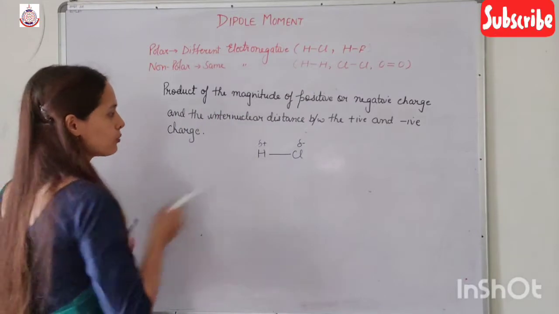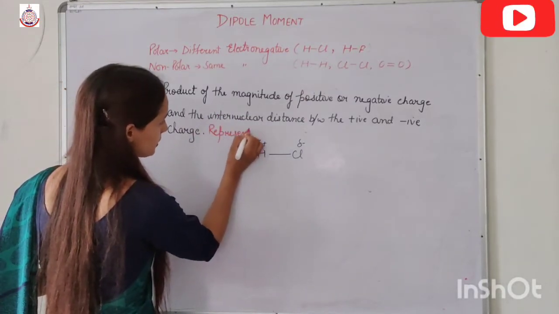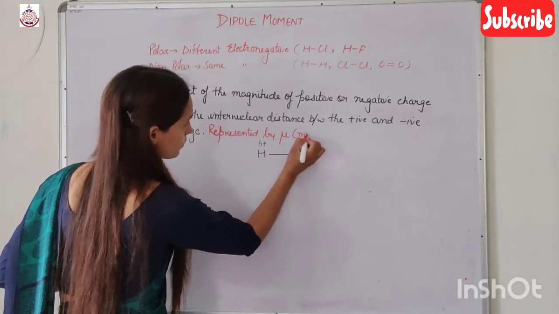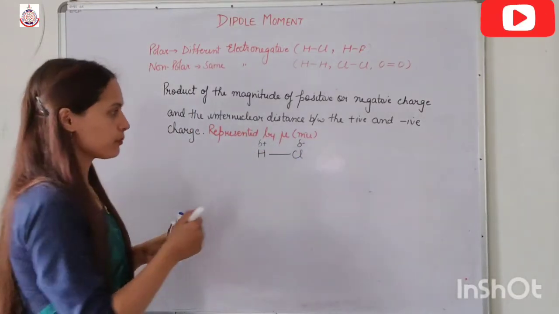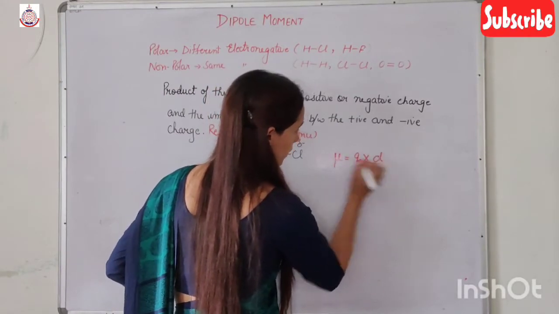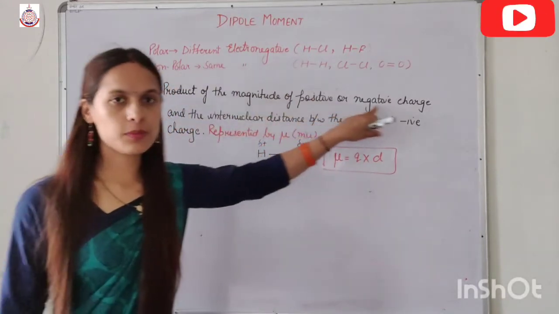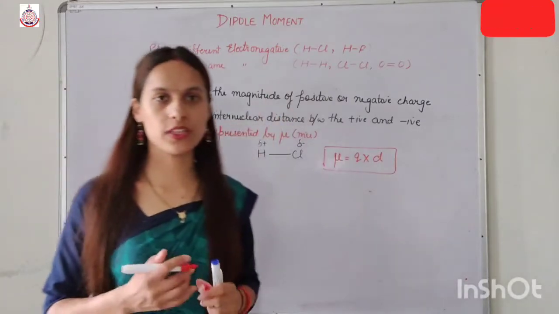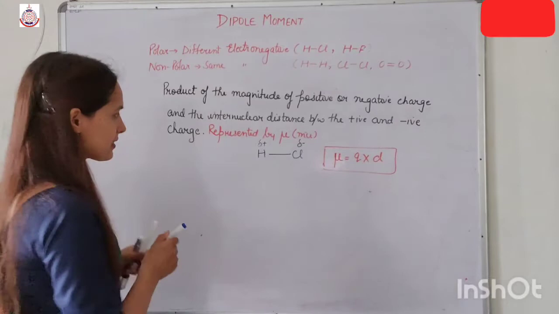And the dipole moment is represented by mu, where mu is Q into D. Now, what is Q here? Q is the magnitude of the positive or the negative charge and D is the internuclear distance between the positive and the negative charge.